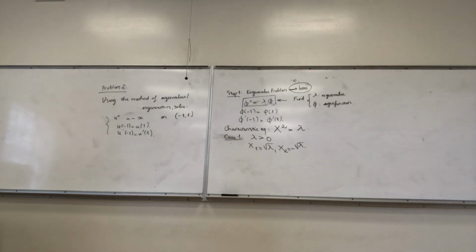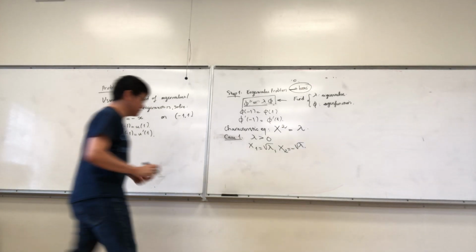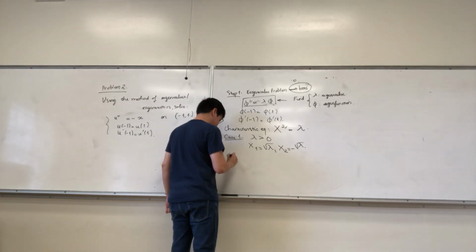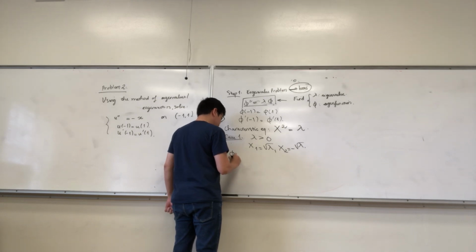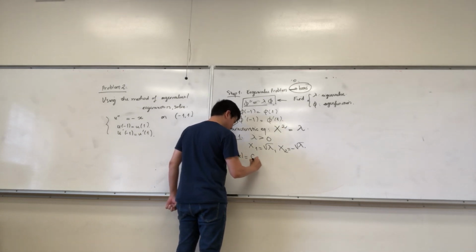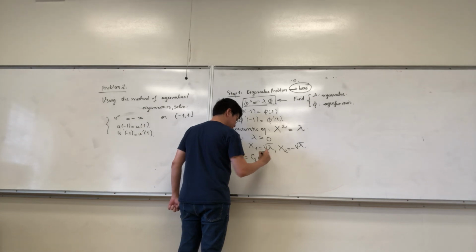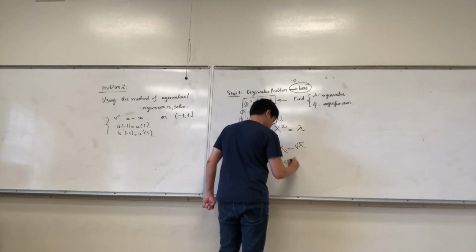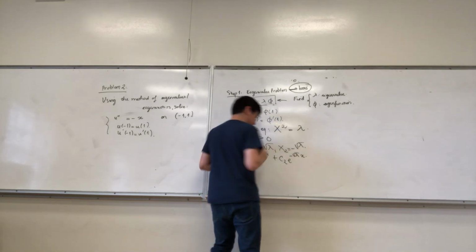What is the solution in this case? Yes? C1 e to the square root of lambda x plus C2 e to the minus square root of lambda x. So you're gonna have phi of x will be C1 e to the square root of lambda x plus C2 e to the minus square root of lambda x. All right?